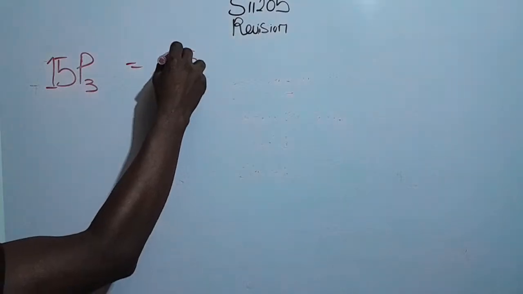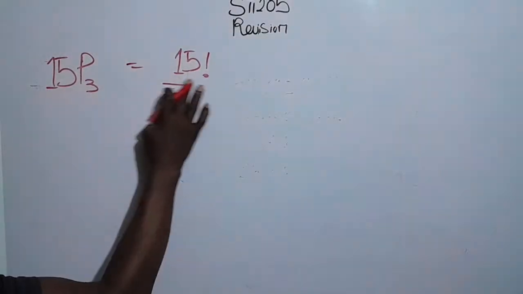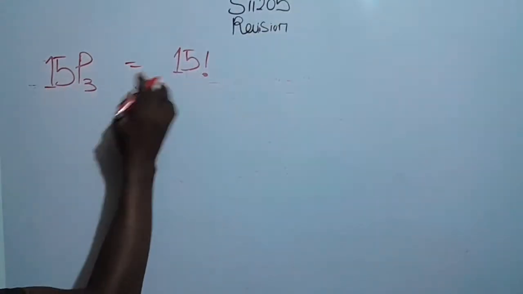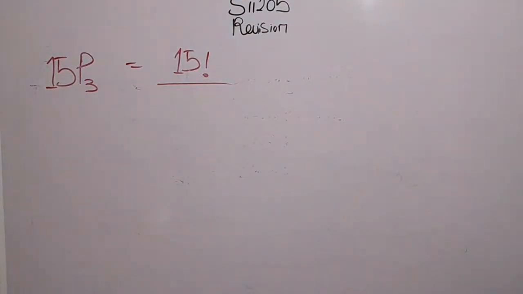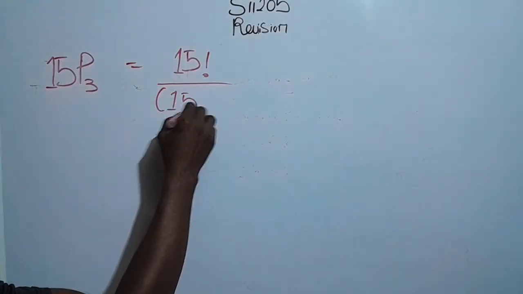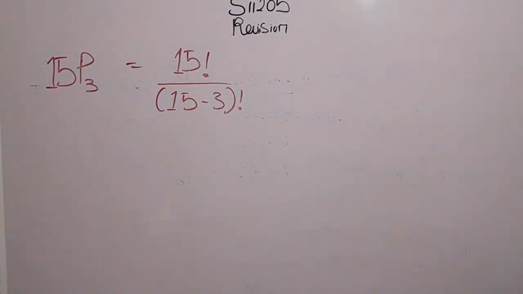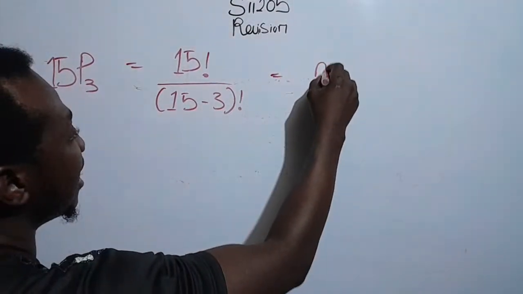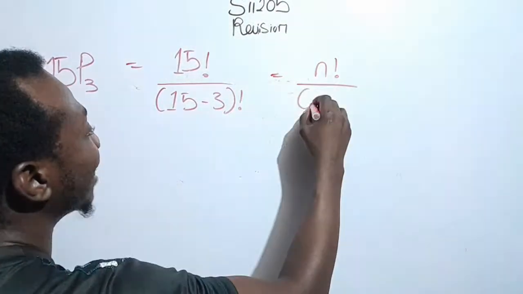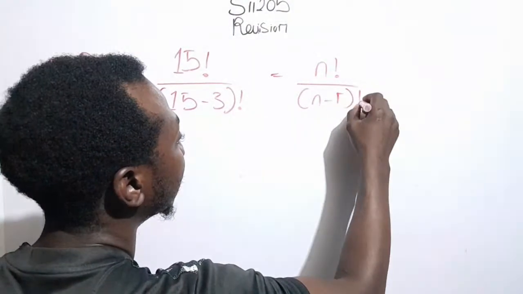It becomes 15 factorial all over open bracket 15 minus 3 close bracket factorial. Meaning that the formula for this is n factorial over open bracket n minus r close bracket factorial.